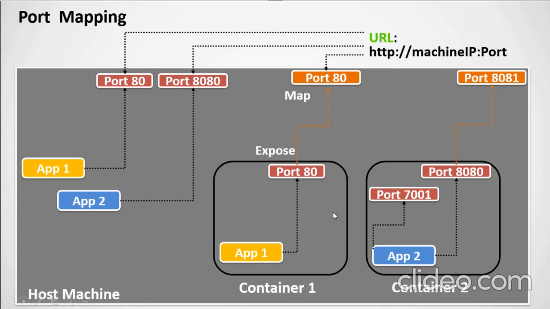Even if container 1 is exposing 80 and container 2 is also exposing 80, what matters is what is the port available on the host machine, and that we are mapping. So if you access, for example, port 80, then it will redirect to the application available in container 1. If you access port 8081 on the host machine, then it will redirect to the second container's port 8080.